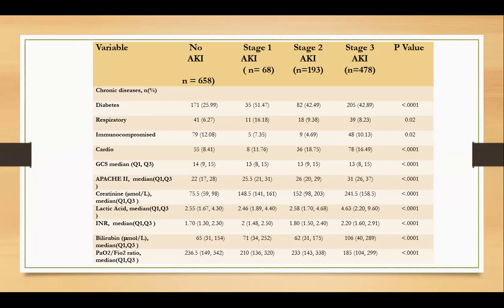For lactic acid, the median was 4.6 in stage 3 versus 2.5 in the non-AKI group. Also, INR was the highest in the stage 3 AKI group, and the bilirubin as well. And the PaO2/FiO2 ratio was 185 in the stage 3 AKI group versus 256 in the non-AKI group.